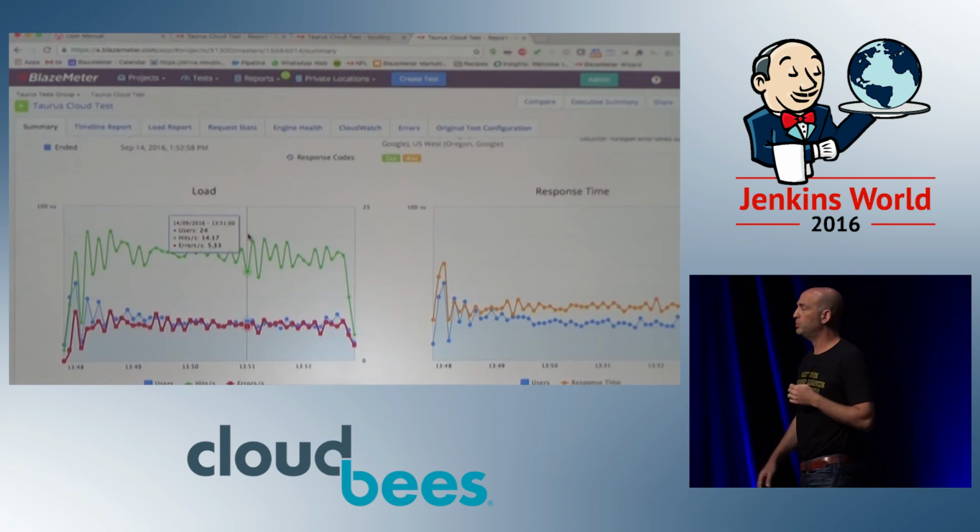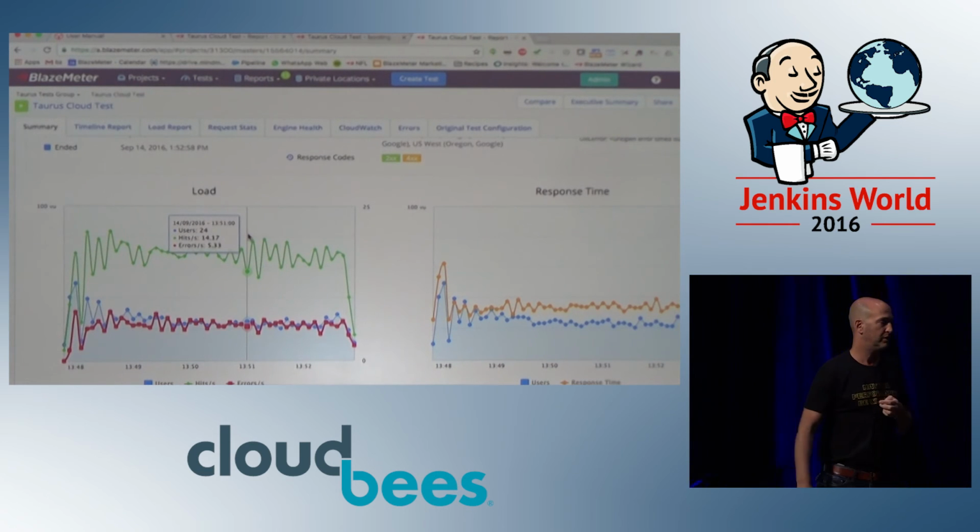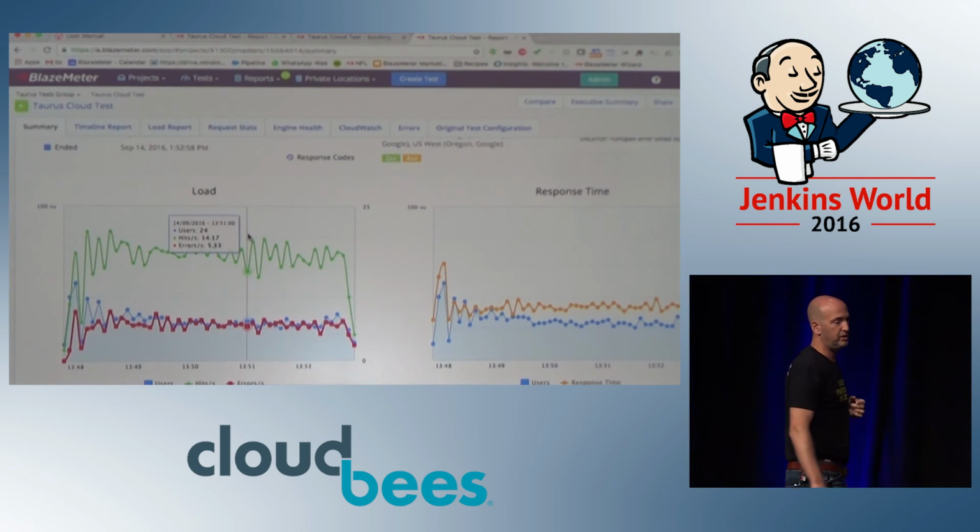This is a report which is a combination of running the Selenium load test across the 3 regions and the JMeter in parallel, right? So let's try to look at the Selenium portion of it.